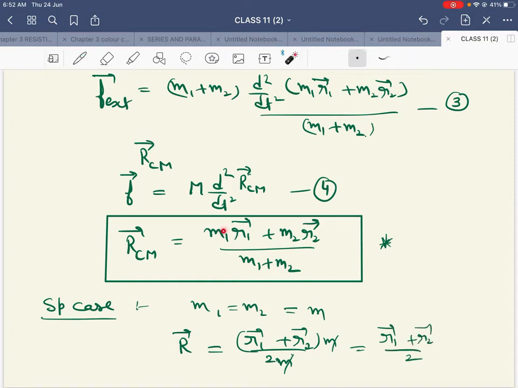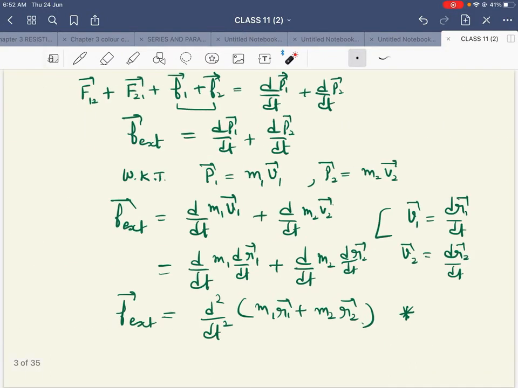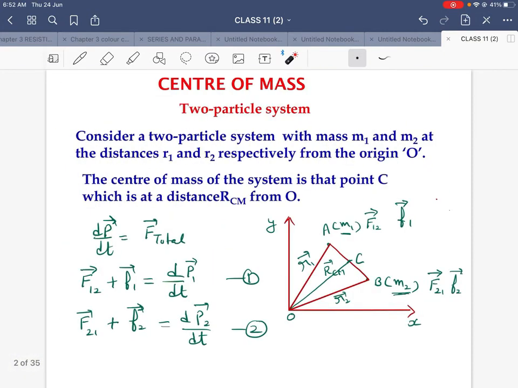Because m1 is equal to m, m2 is also equal to m, we can take m common, and m1 plus m2 becomes equal to 2m, so we get this result. And this shows that if a system consists of particles of equal masses, then their center of mass lies midway on the line joining the two particles. That is, from the figure we can see, if these particles have equal mass, then their center of mass will lie on the midpoint of AB.